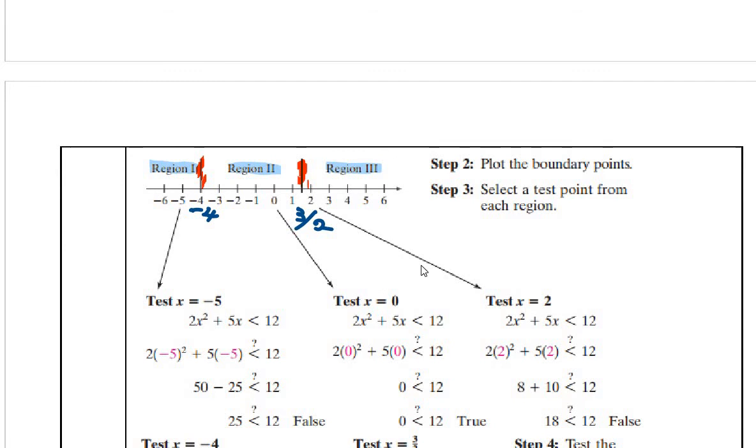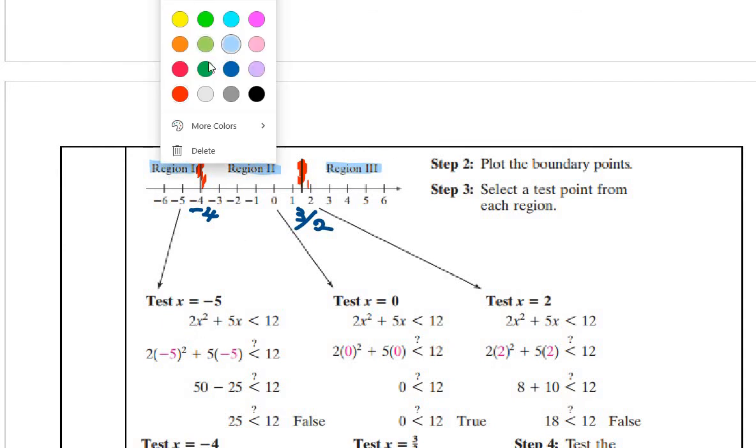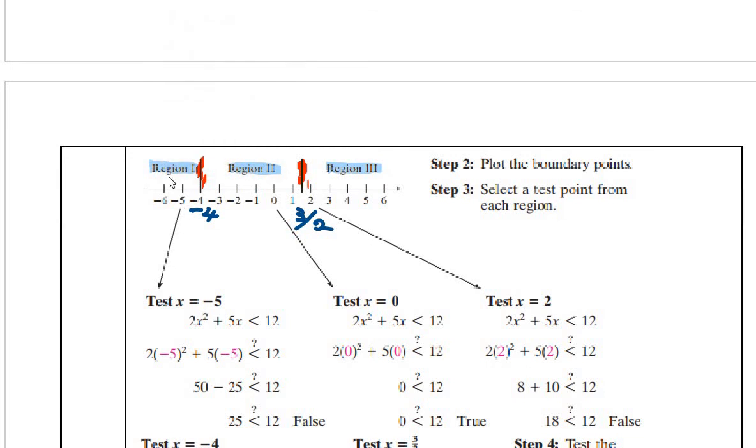Now, honestly, the best thing to do is to take a number and check what is happening there. In other words, we go to region 1 and we find a number inside region 1, like the -5. We substitute it into our original equation and we check what happens. And we see we get 25, but that is not less than 12, so that gives us a false value.